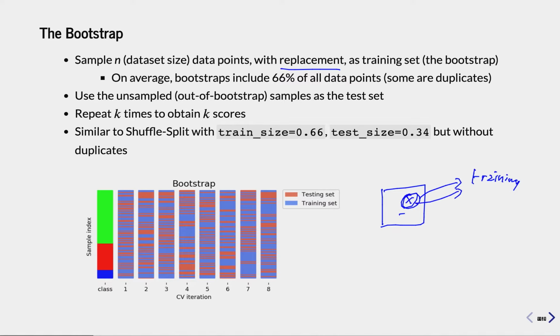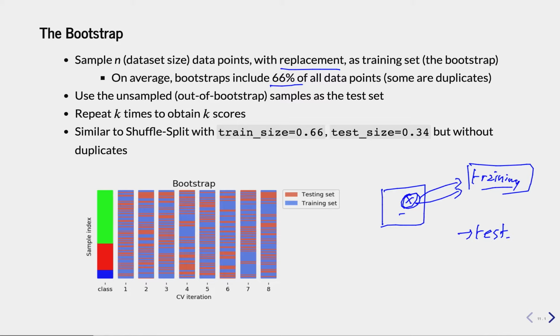So this means that this point can be in our training set 2, 3, or more times. Now, if you do the statistics of this, it means that on average, every training set, we call it a Bootstrap, has 66% of all the data points in the training set, and the remaining 34% will then be in the test set. We call it the out of Bootstrap sample, or OOB sample.